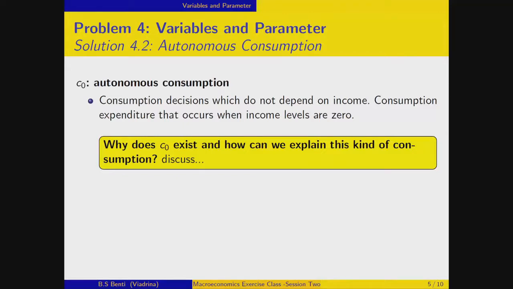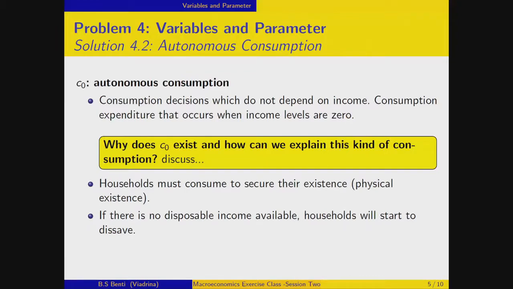So why does C0 exist, and how can we explain this kind of consumption? You can have a quick discussion on this, and you can try to figure out possible ways to explain this autonomous consumption. However, to explain this in this video, households must consume to secure their existence.